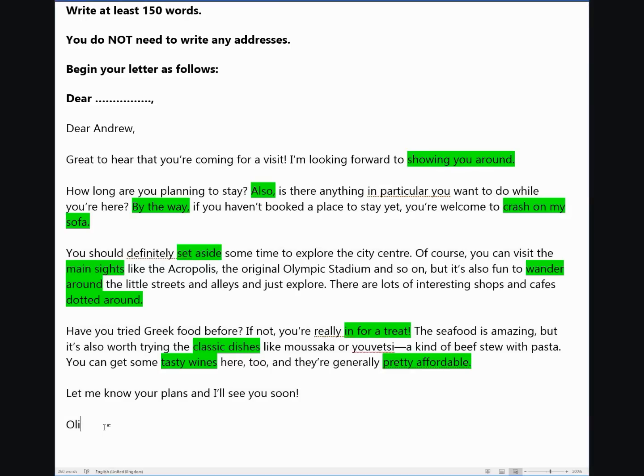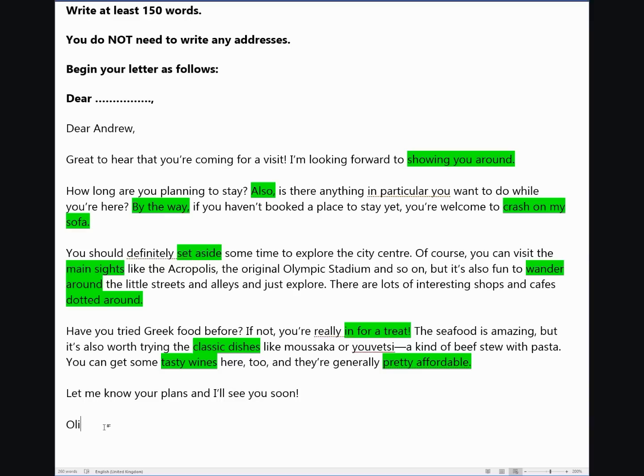So let's just review the most important points for task 1. Number 1, decide the tone that you're going to write in. Are you writing something formal? Are you writing something informal? Think about that before you start writing and make sure your tone is consistent from the beginning to the end.